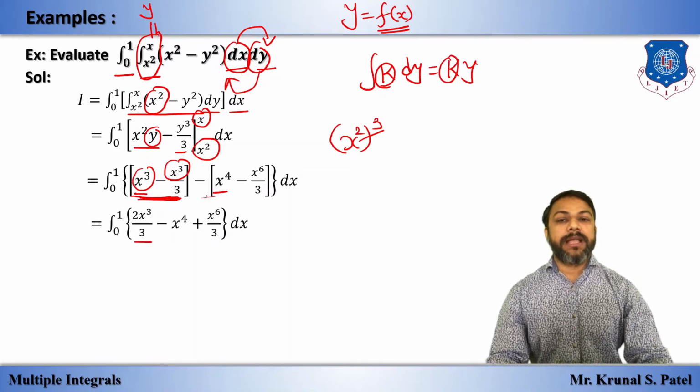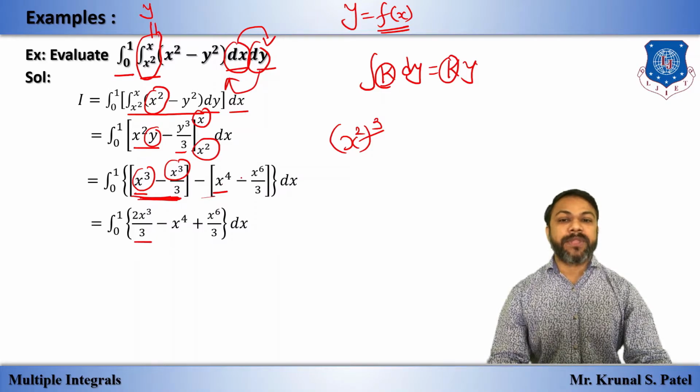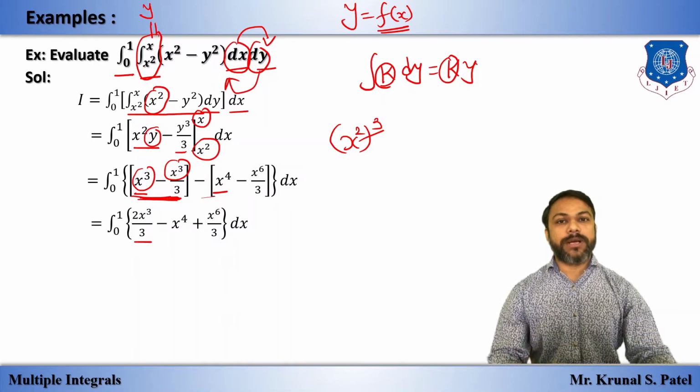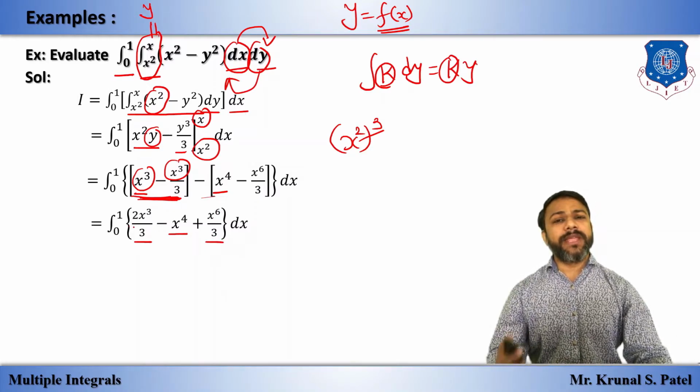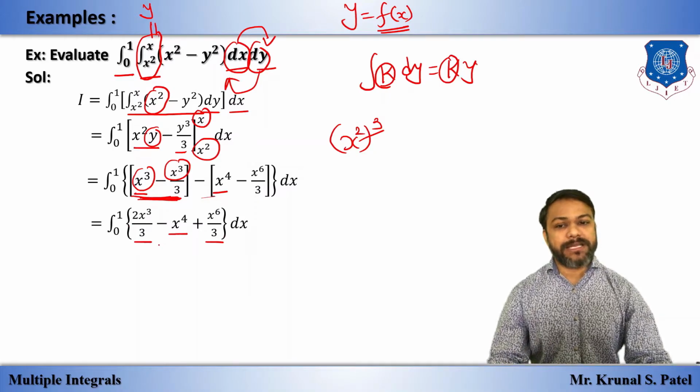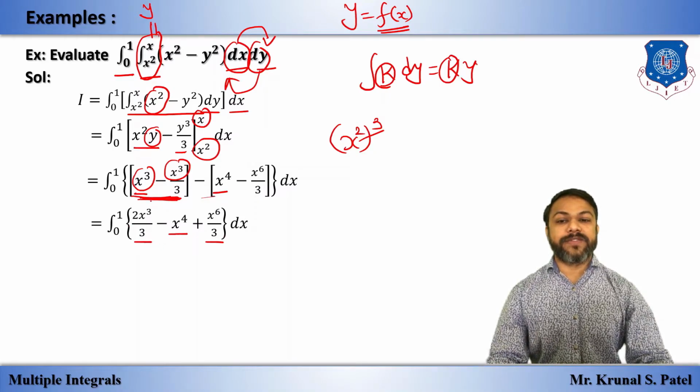We have this, and this is x to the 4 and x to the 6. We cannot take LCM and we cannot merge these two terms, so we will take them separately: minus x to the 4 and plus x to the 6 by 3. Now integrate with respect to x. By integrating, we get x to the 4 by 4, x to the 5 by 5, and x to the 7 by 7.